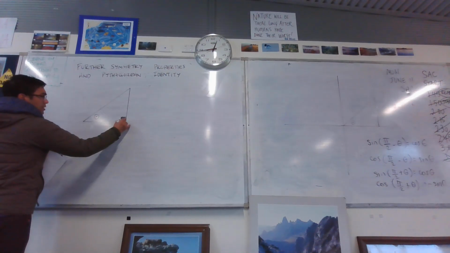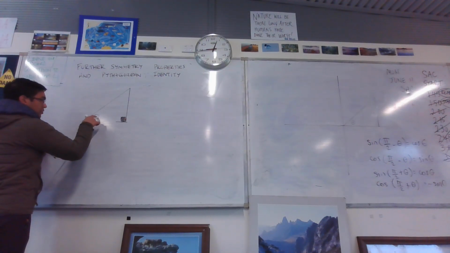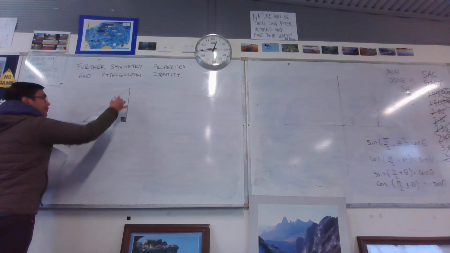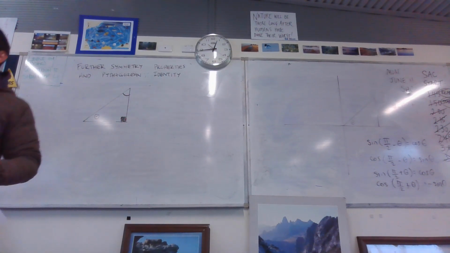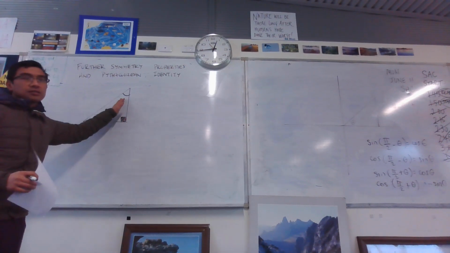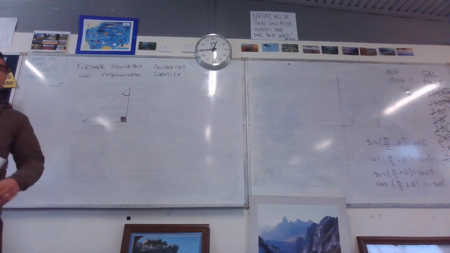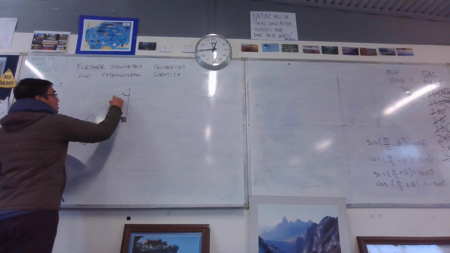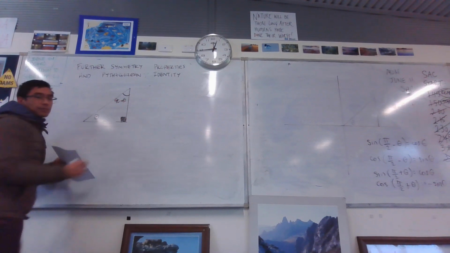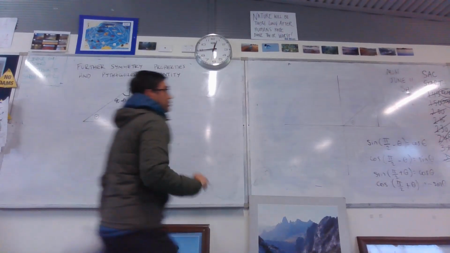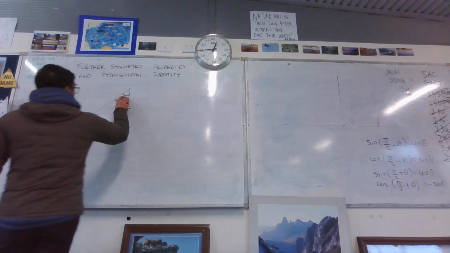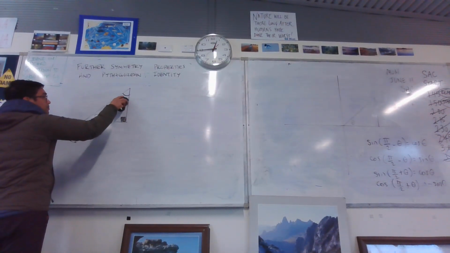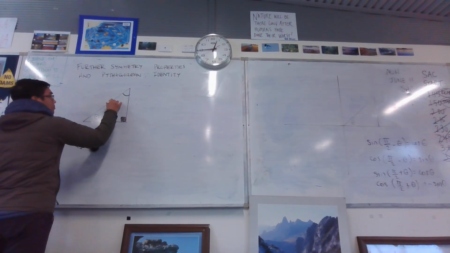So if I call this angle here theta and this one here, how can I label that? 90 minus theta. Okay, good. But let's write it in the case of pi on 2. You are correct there.